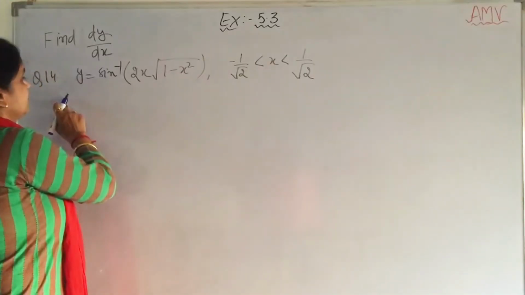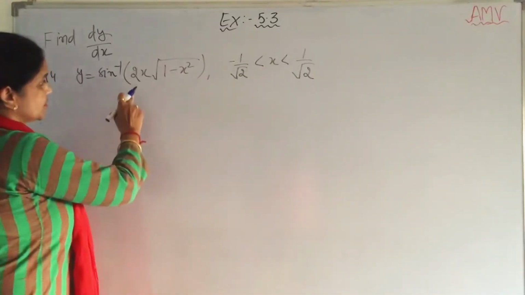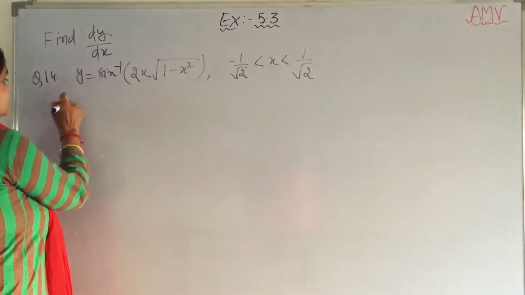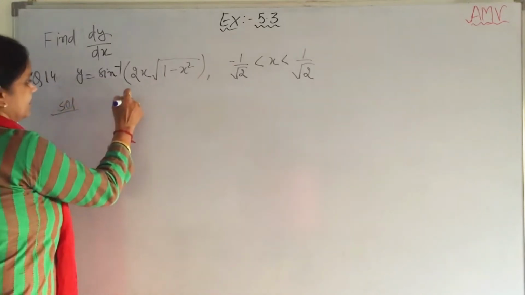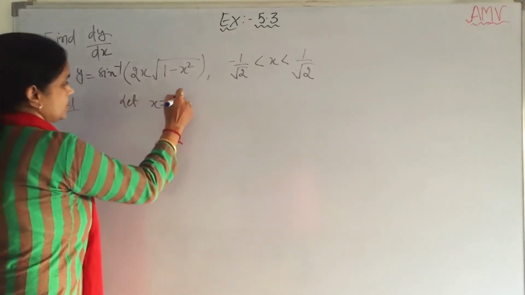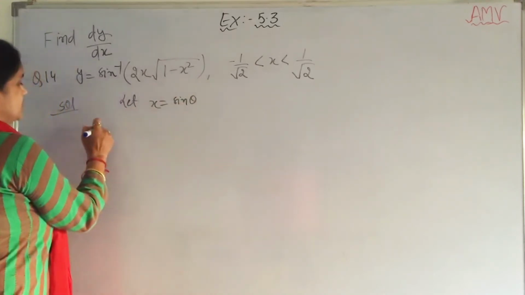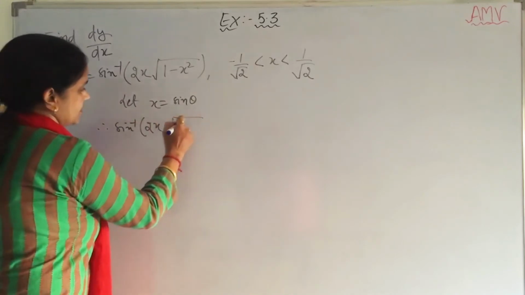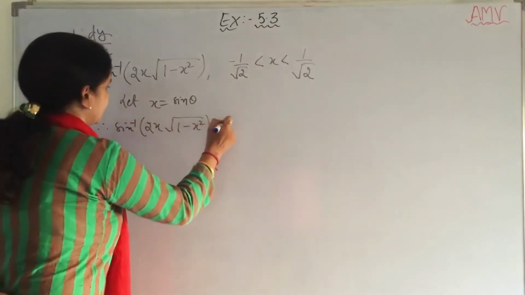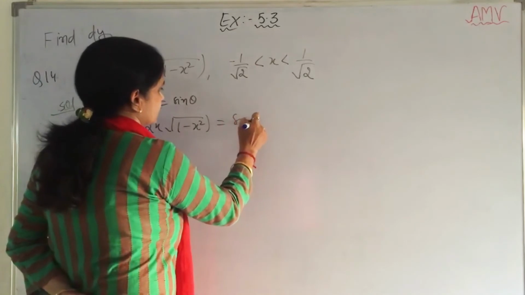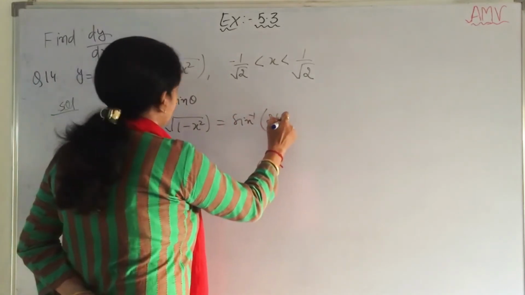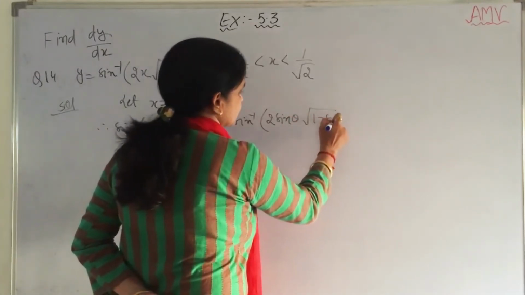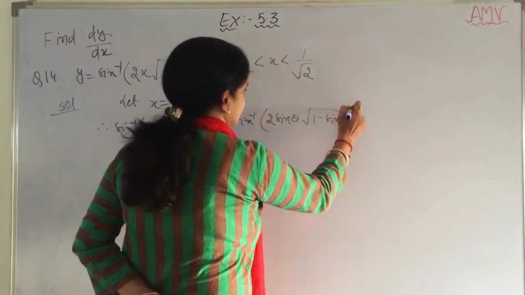Question number 14. y is equal to sin inverse of 2x under root 1 minus x square. Okay. So for this question, let x is equal to sin theta. So sin inverse of 2x under root 1 minus x square gives sin inverse of 2 sin theta, and it's under root 1 minus sin square theta.